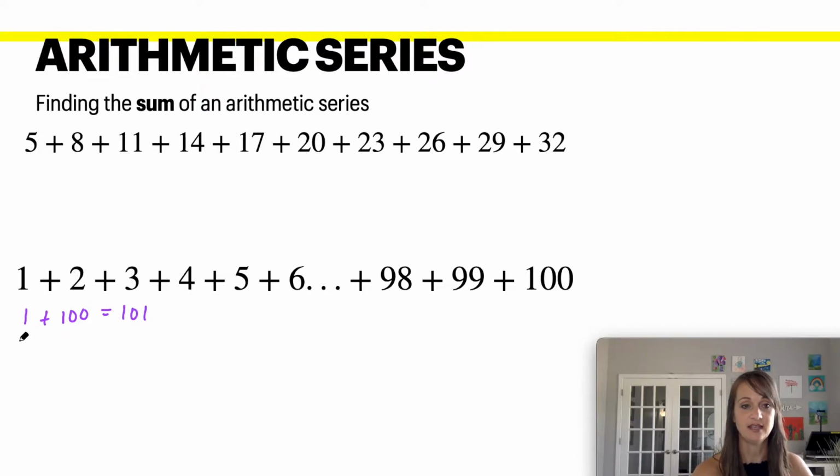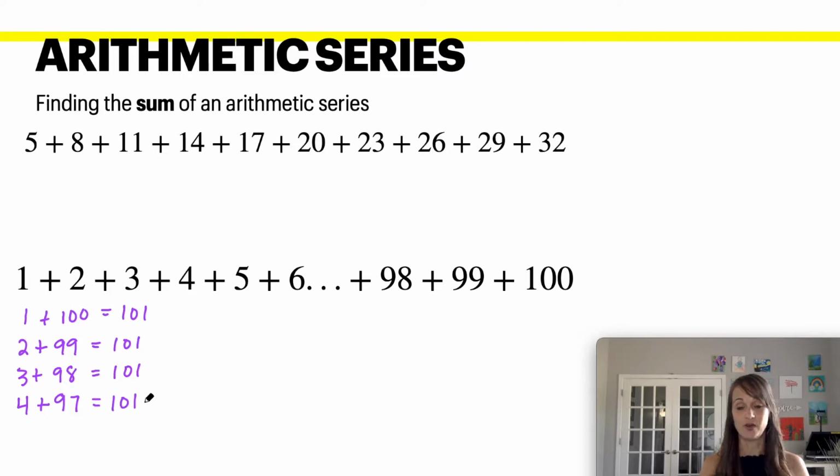And if you take the second term and the next to the last term, it also gives you 101. If you take the third term and the next to the last term, it also gives you 101. If you take the fourth term and so on, it gives you 101. So really, all of it gives you 101.